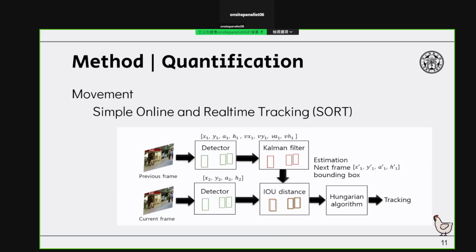Basically, the Kalman filter uses the location of the chicken in the previous frame to predict its location in the next frame. The Hungarian algorithm tracks the chickens based on how high the intersection over union is between the previous frame and the current frame.